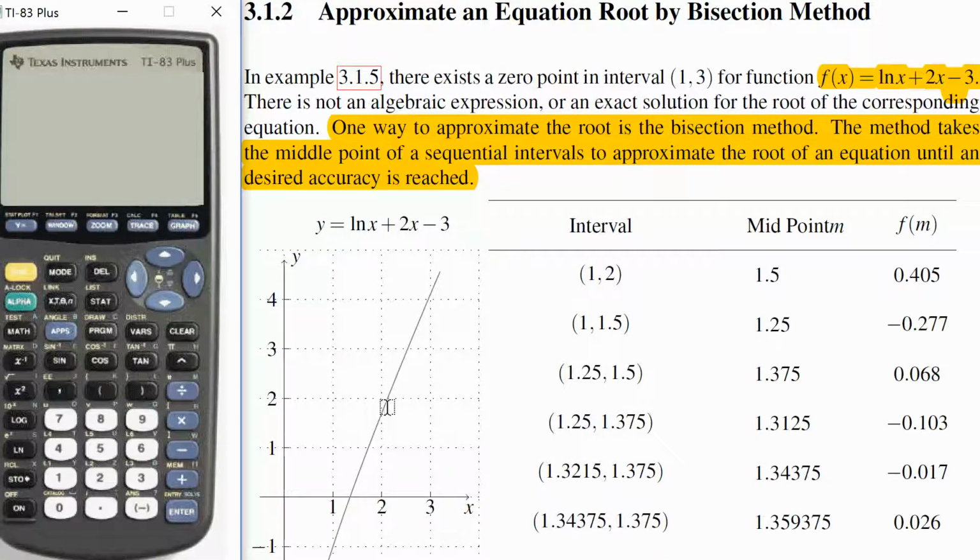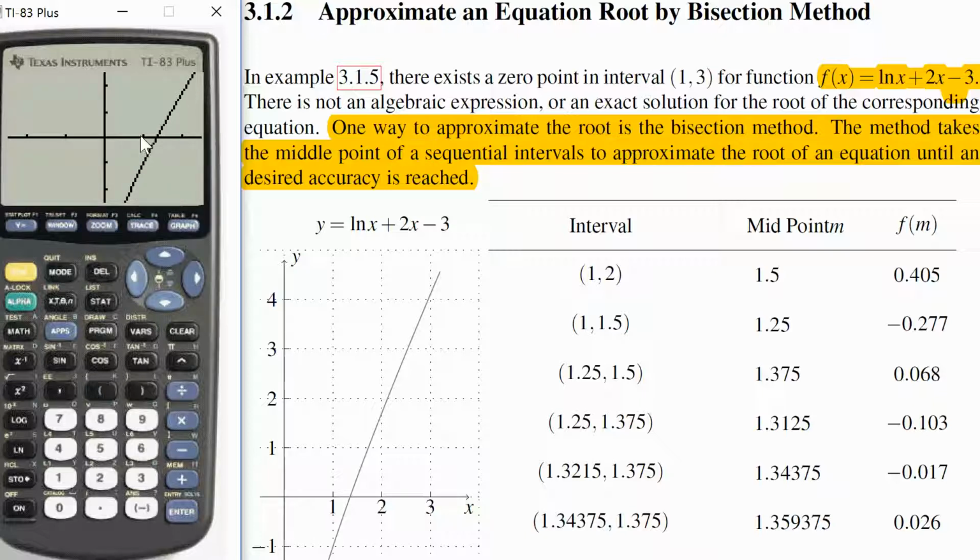If you have a calculator, that's easier. You may turn on your calculator and click on y equals. You input the expression right here. Then you may click on graph. It will show up here.